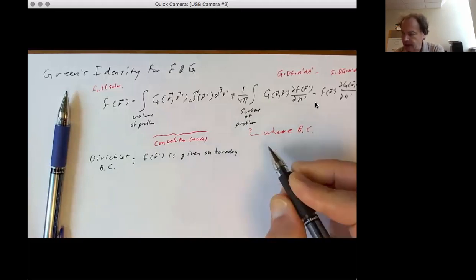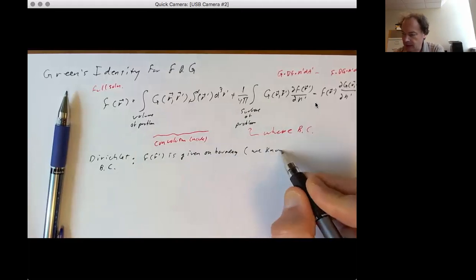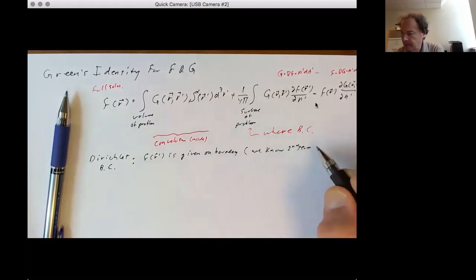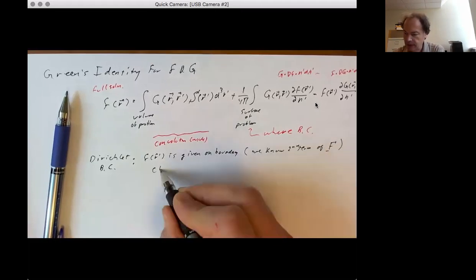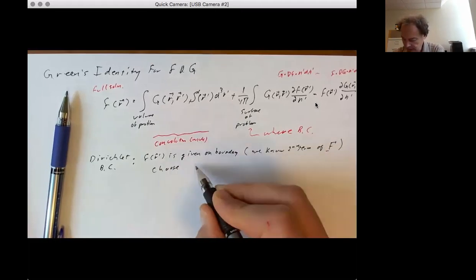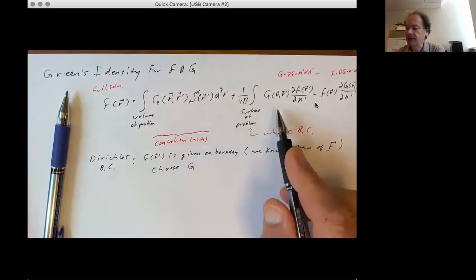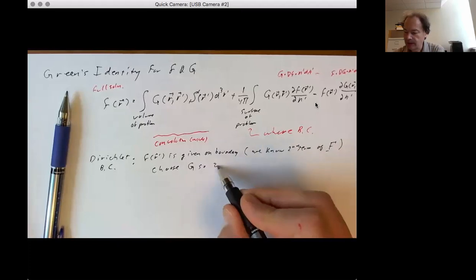And of course, that means that we know the second term over here of capital F. And so we choose G, which is the first term that we don't know, so it is 0 on the boundary.